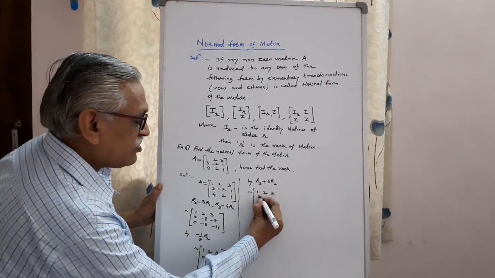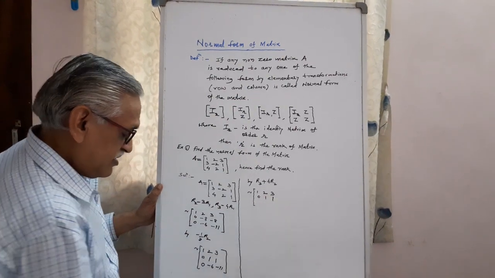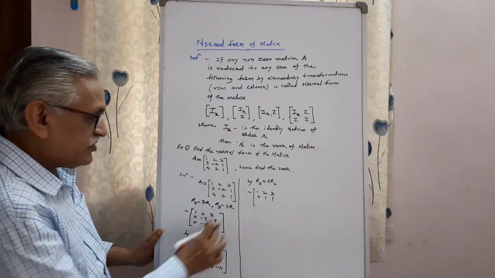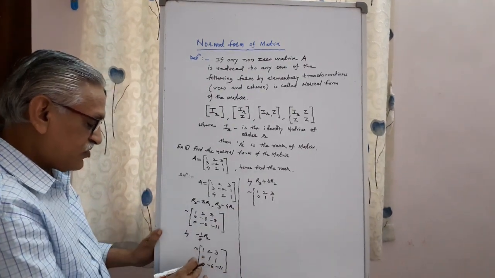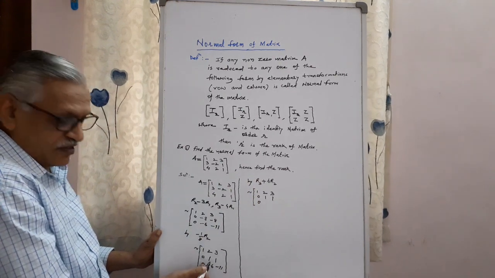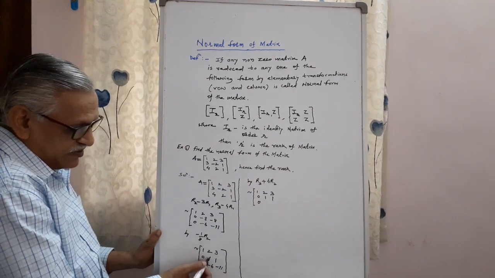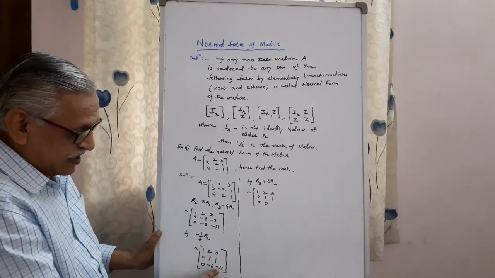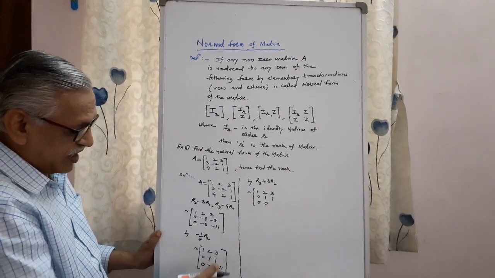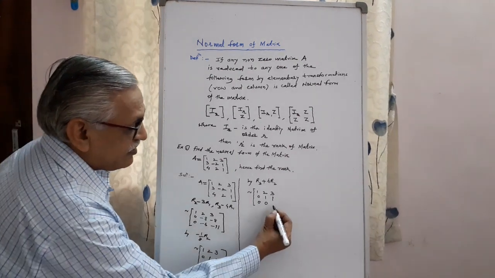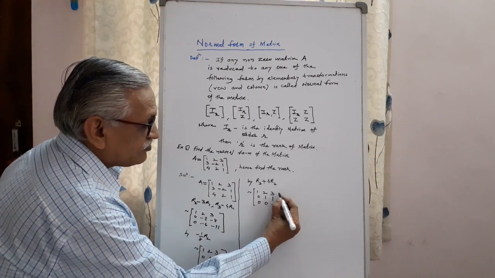Second also no change, 0, 1, 1. Third row changes: 0 plus 6 times 0 is 0. Minus 6 plus 6 times 1 means minus 6 plus 6, we get 0 here. Minus 11 plus 6 times 1 means minus 11 plus 6, we get minus 5.